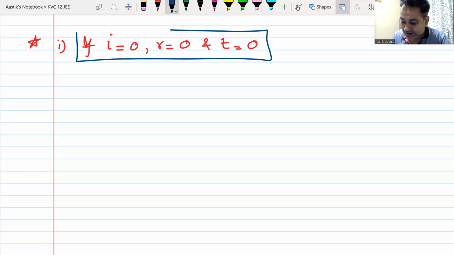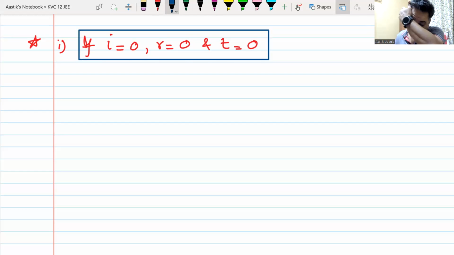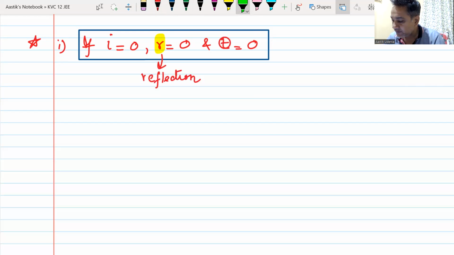Do we understand this? I've written R. This R is for reflection. And this T is for refraction. Do we understand this?